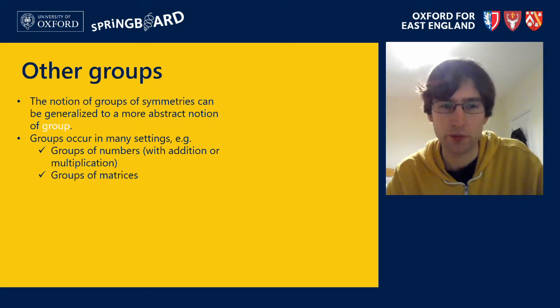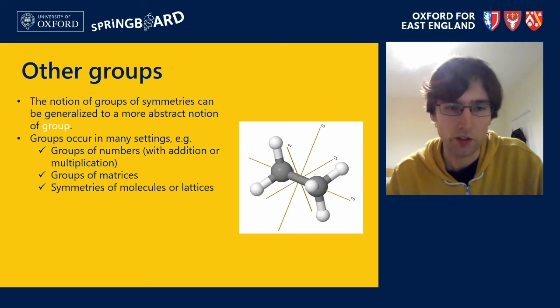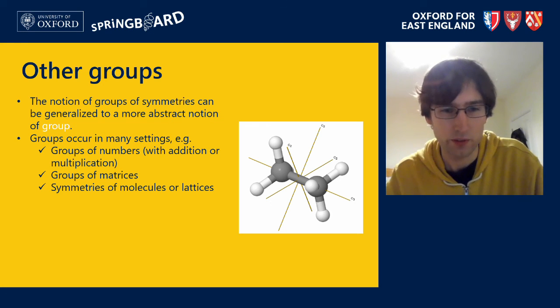You can also have groups of matrices where you can combine matrices using matrix multiplication. There are also groups that come up in chemistry. For example, you can have symmetries of different molecules or lattices within a metal. So this example really is groups of symmetries, as we've been studying.